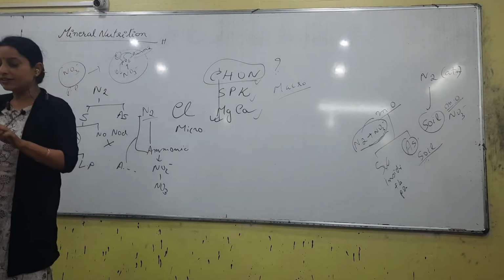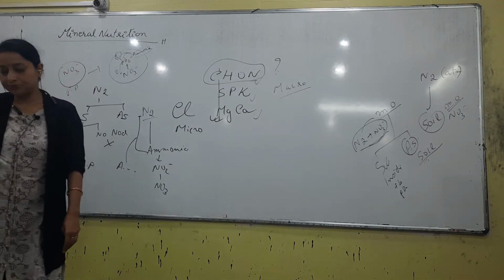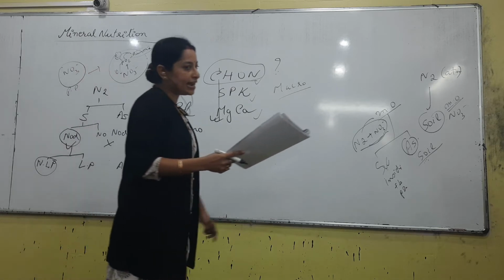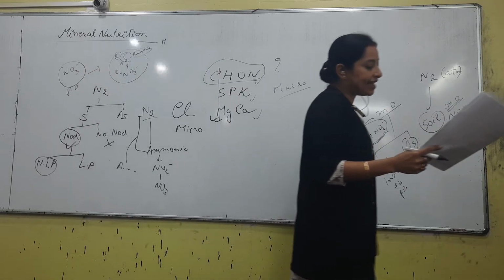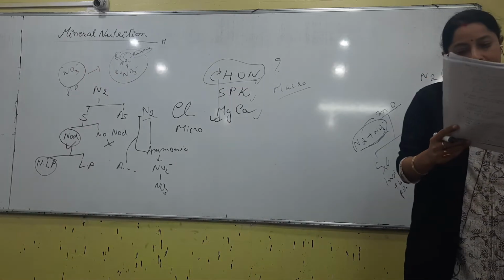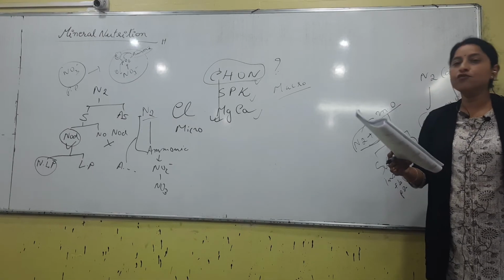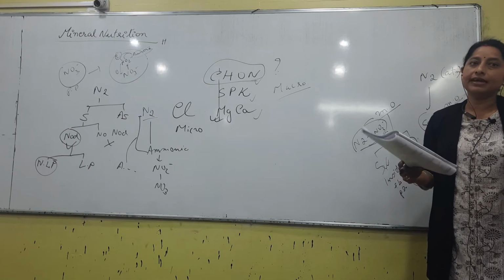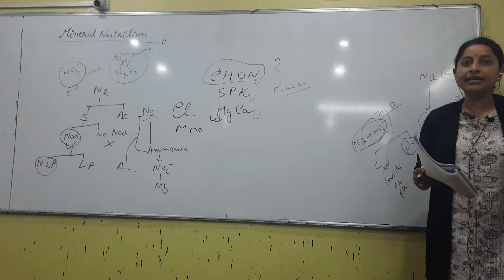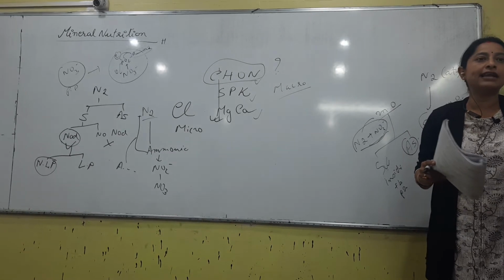So nitrate reduction, come to that point. Reduction of nitrate to nitrite is carried out by an enzyme, molybdoflavoprotein, which is important. Like we studied Nitrosomonas group and Nitrobacter group.